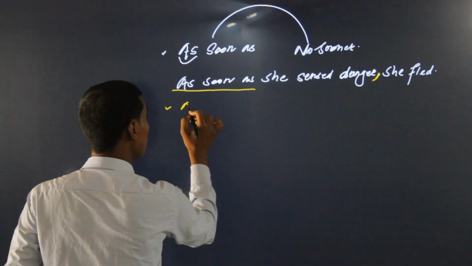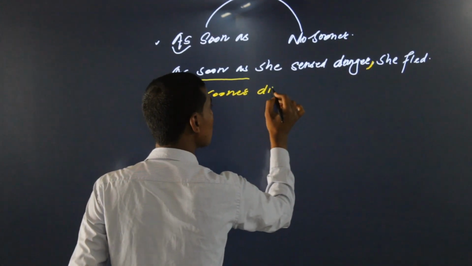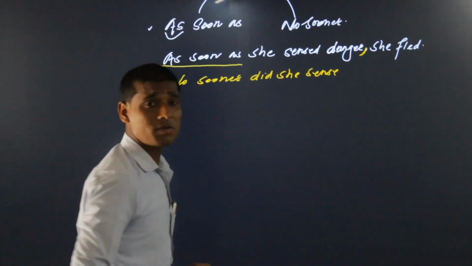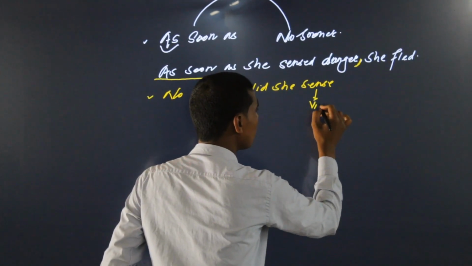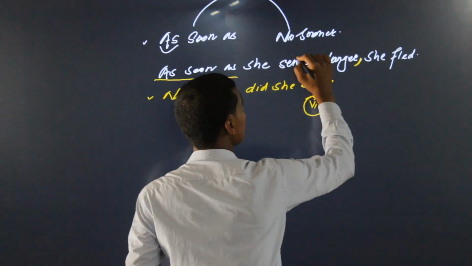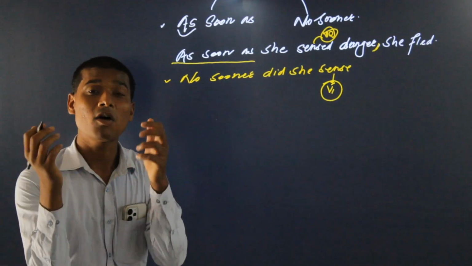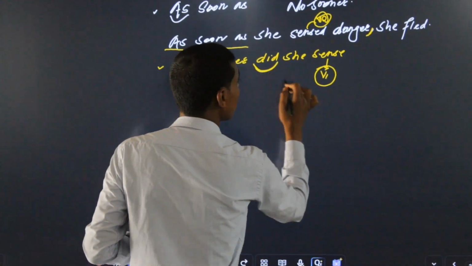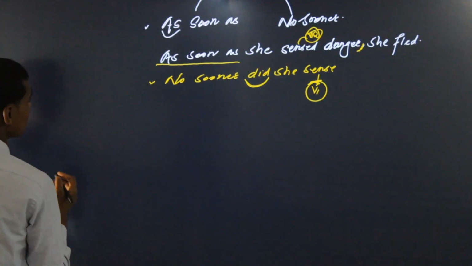"No sooner did she sense..." We have to be aware that when we use "did," we have to use the first form of the verb, because "sensed" is V2. It means the speaker is talking in the simple past tense, so in that case we have to use did plus V1. Now, this becomes an example of inversion.